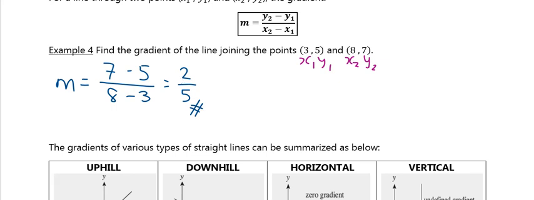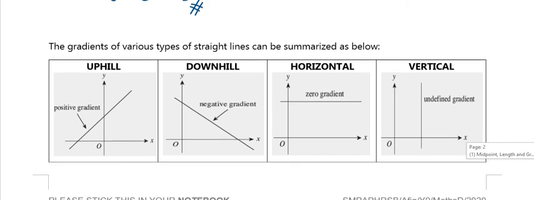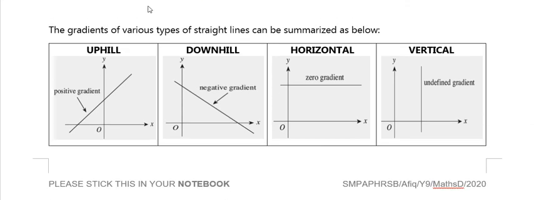Okay, and then for the last point, this is the summary of the possibilities of the gradient that you can have. So gradient, you can have a positive gradient, so the line will look like this. And the second one, when you have a negative gradient, the line will look like this.